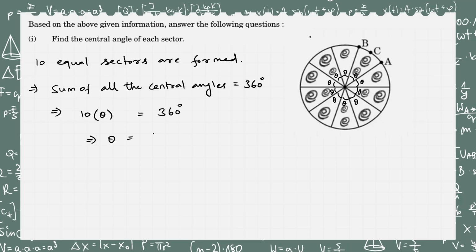That implies theta equal to 360 divided by 10, which is 36 degrees, right? So each of the sectors will create a central angle of 36 degree at the center, right? So that is the answer for the first part.